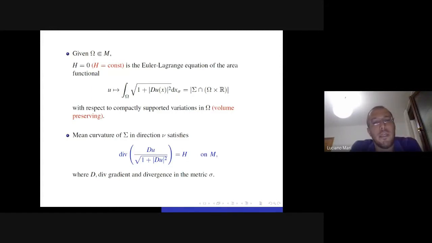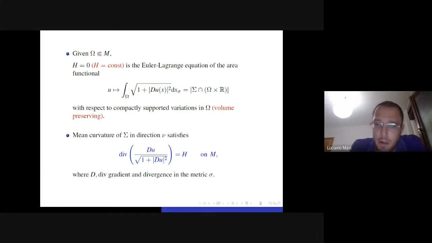H equal to 0 is the Euler-Lagrange equation for stationary points with respect to all variations supported in omega, and H equal to constant is that with respect to variations that are volume preserving in omega.